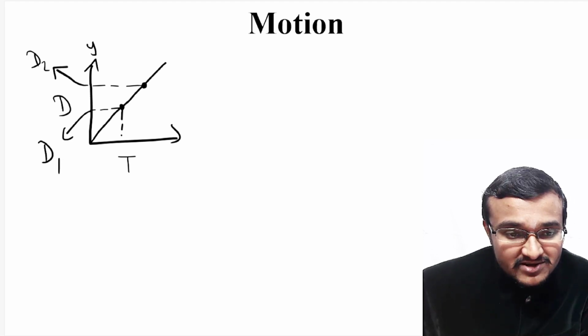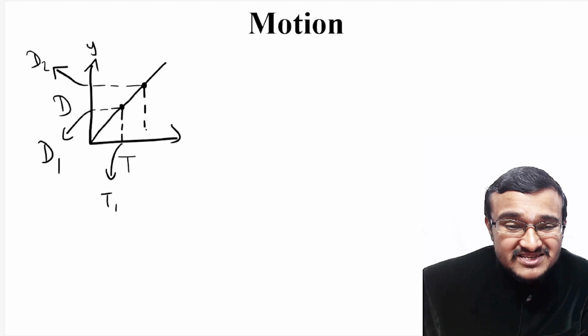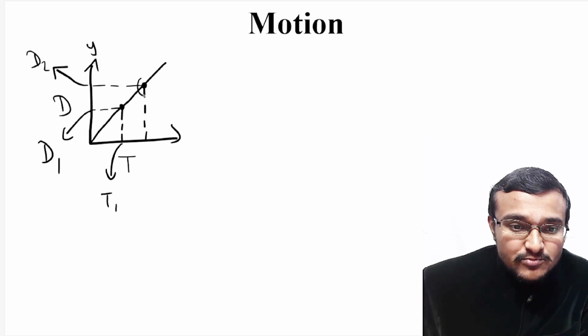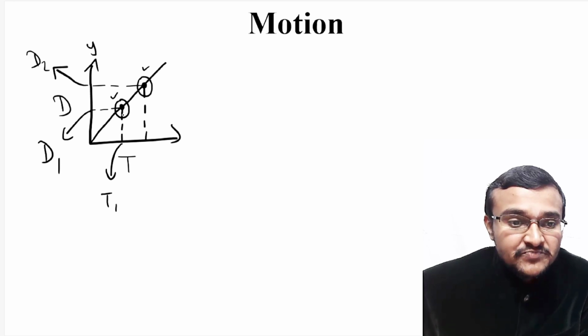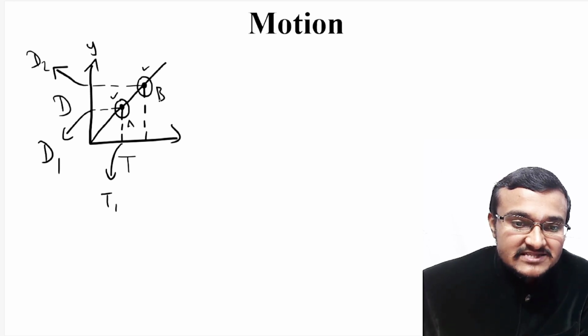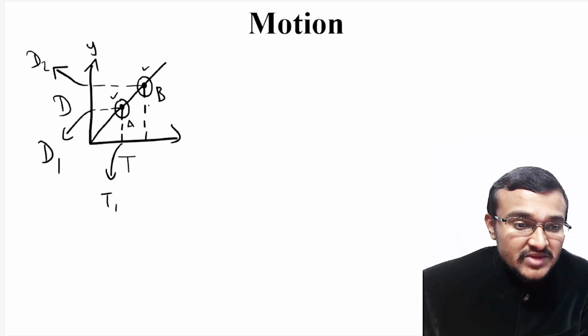If you draw a perpendicular line from this point, then this particular point on the x-axis will be t1, and from the second point we are considering, it will be t2. So these two are the points. This is the initial position and this is the final position. Let's say this is A and this is B. So it has got displaced from position A to position B.